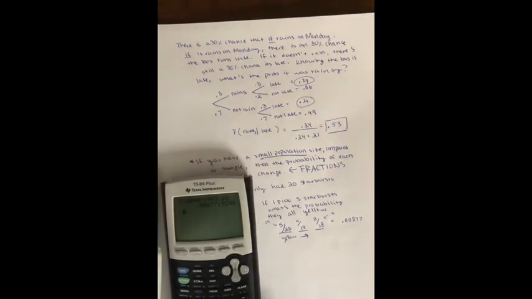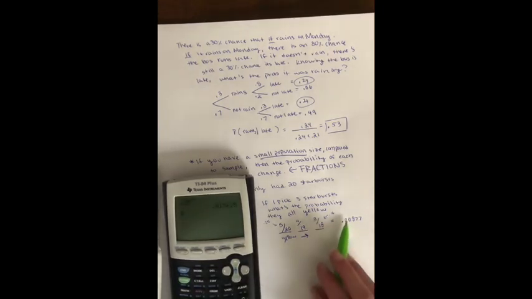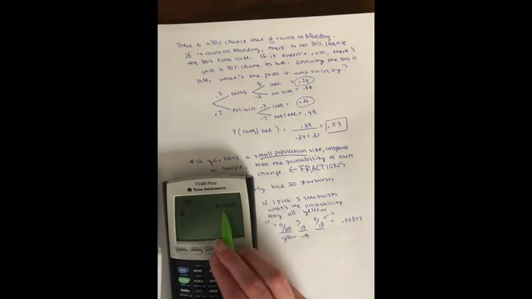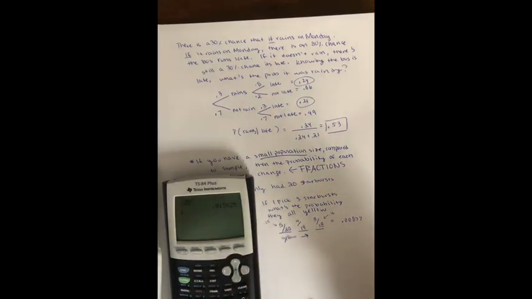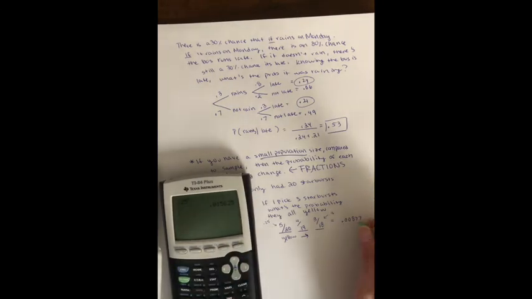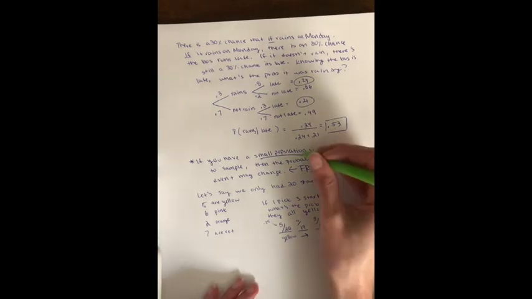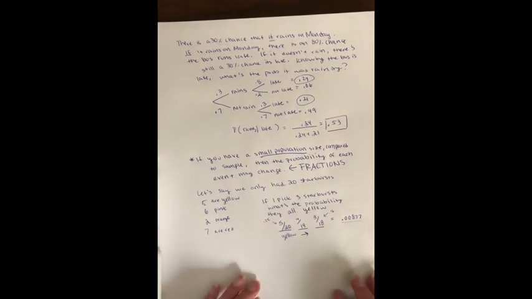Okay, so this is what it is when you calculate it correctly. If you had actually done 0.25 times 0.25 times 0.25, you would get a much larger probability, when truly it's actually a smaller probability. So you need to use those fractions when you have a small population size.